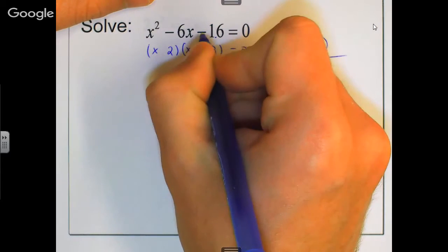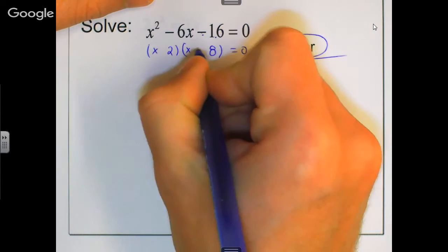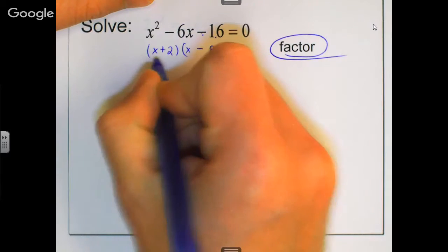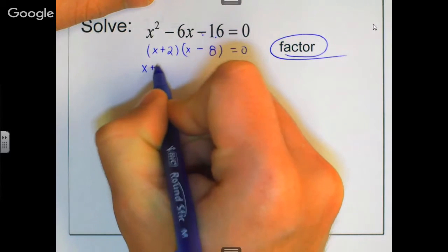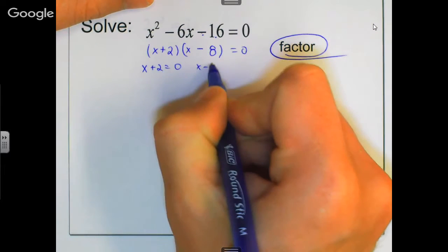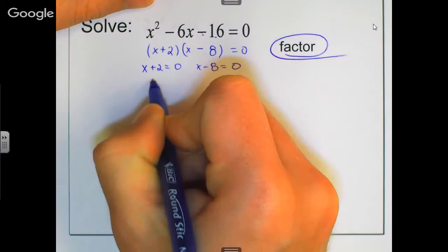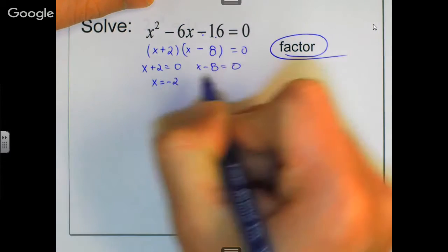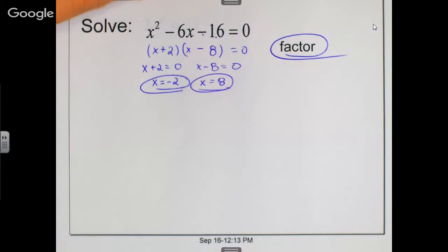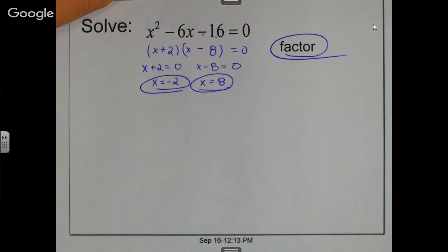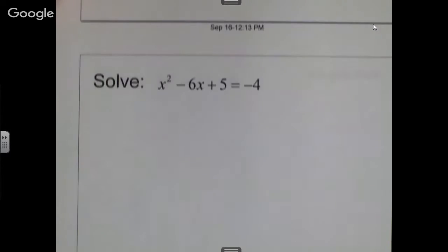The signs are different, and the bigger one is negative. So then we take these two factors and set them equal to 0. You get x equals negative 2, x equals 8, and there are your answers. So, a real simple problem there.